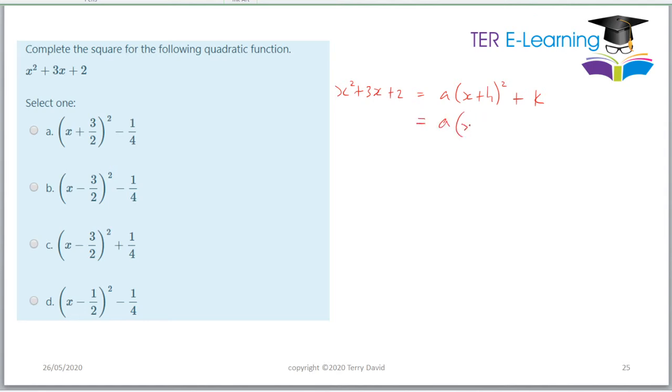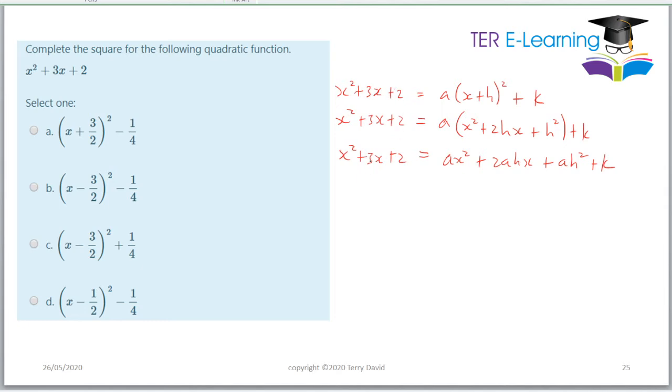So this is a, and when you expand this, it will be x squared plus 2hx plus h squared plus k. When you remove the brackets, we're going to end up with ax squared plus 2ahx plus ah squared plus k, right? And what you have here is x squared plus 3x plus 2.